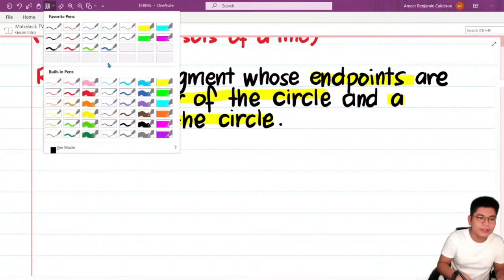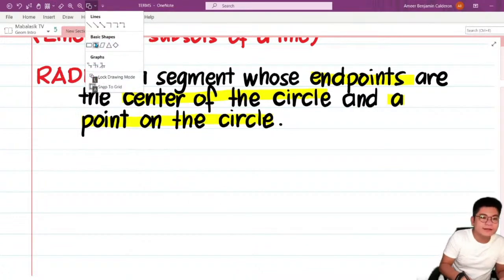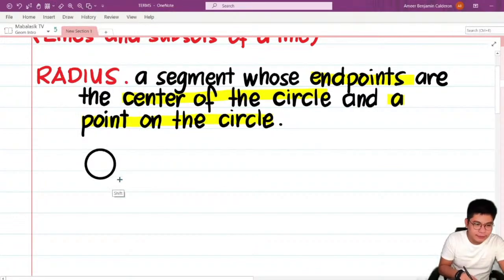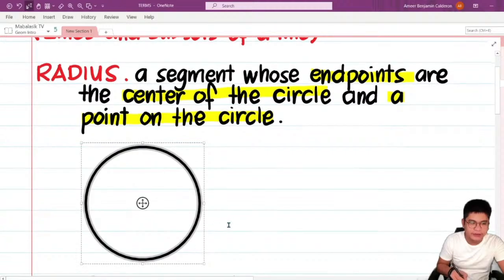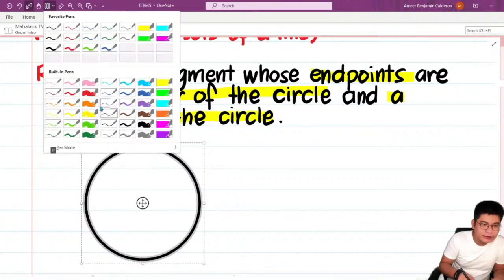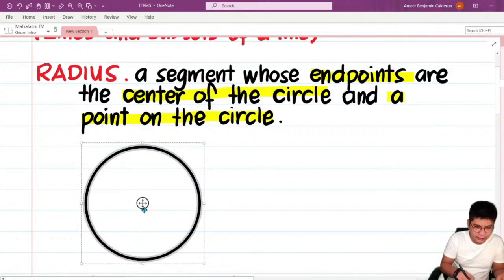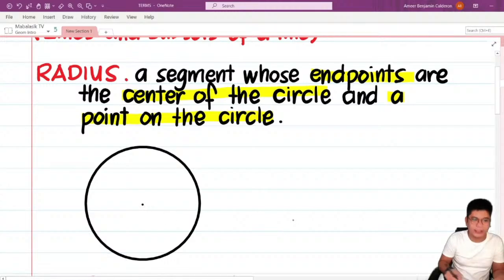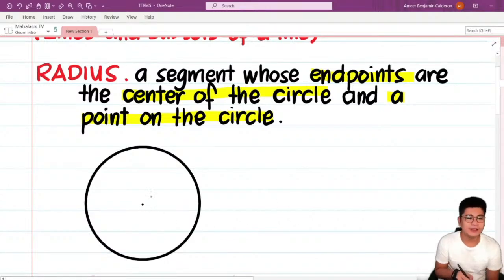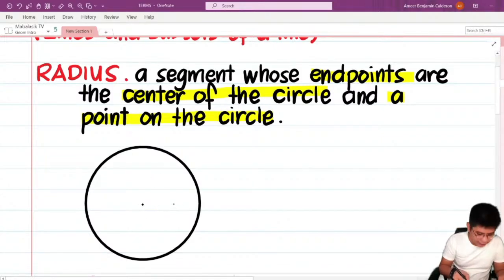So, let's draw our circle. Circle. Right? Here is our circle. And this is our center. Siguro yan. Okay? So, alam na natin, the center is one endpoint. A point on the circle is the other endpoint.